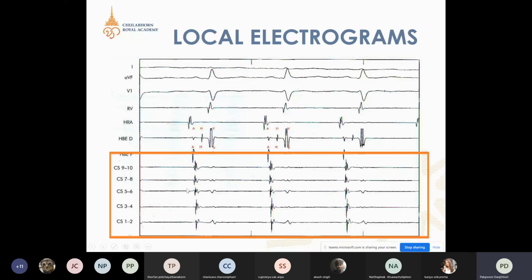So the latest atrial electrogram should be seen on CS 1 and 2, which is so lateral.